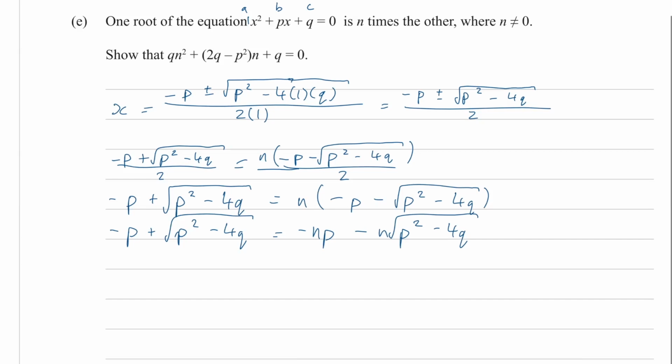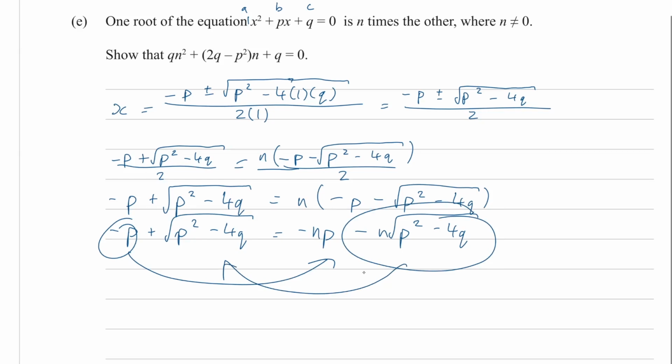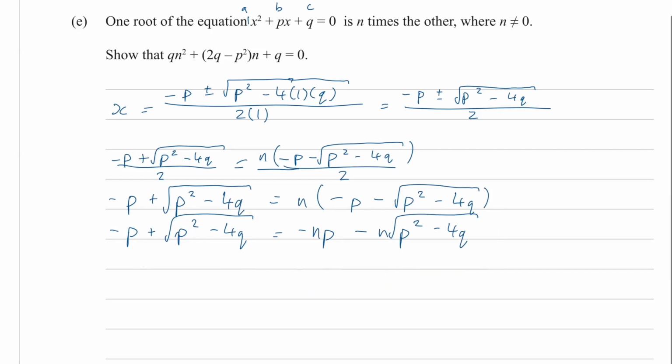Great. Now I will add p to both sides, and I will add this expression to both sides, so all the square roots are on one side. So the square root of p squared minus 4q, plus n times the square root of p squared minus 4q, equals minus np, and I added p.